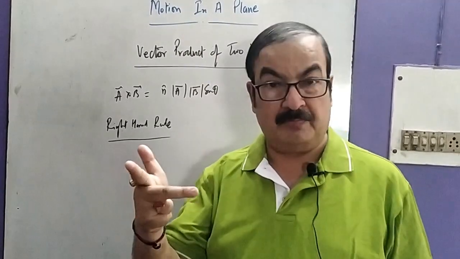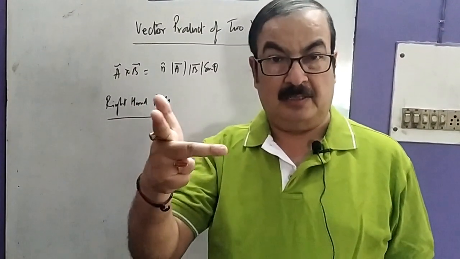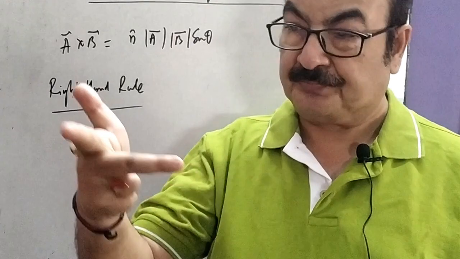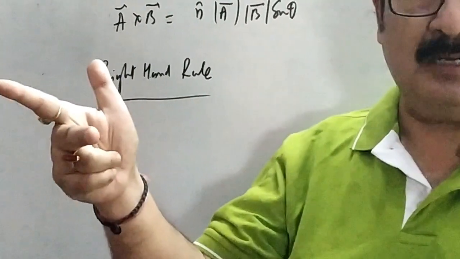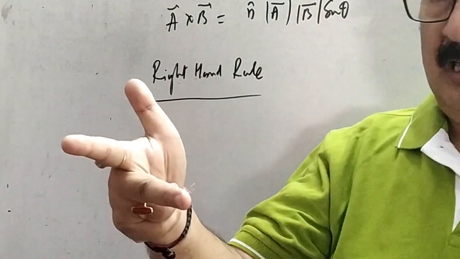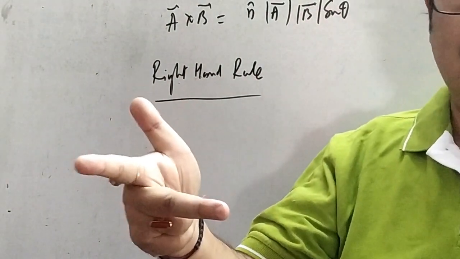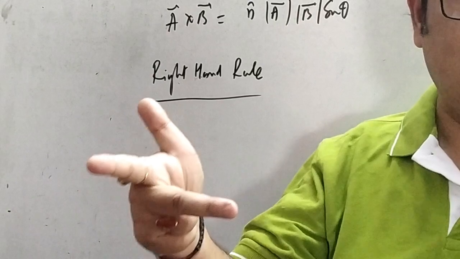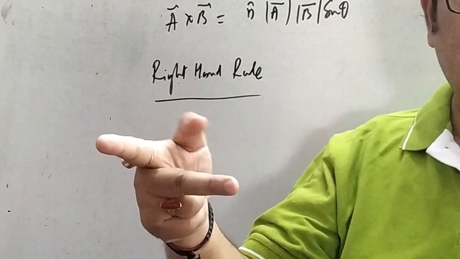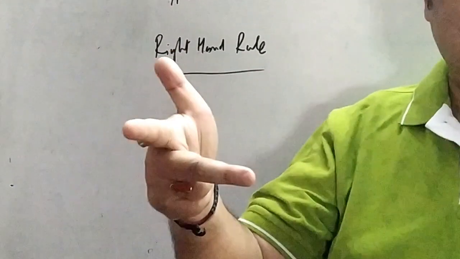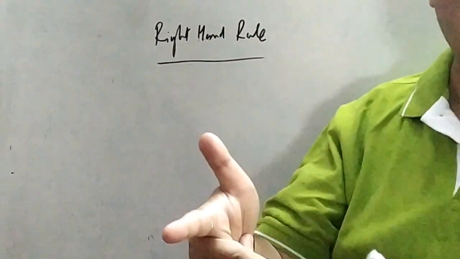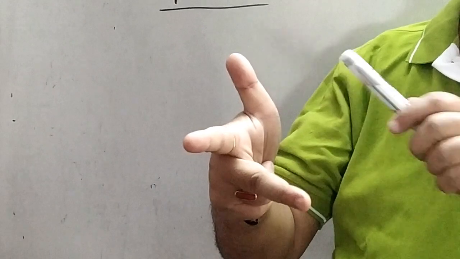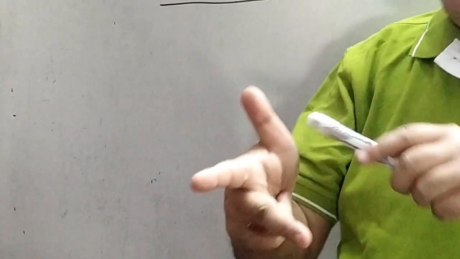Let us first discuss the right hand thumb rule. If we extend three fingers of the right hand like this, so that the index finger indicates one vector, vector A, and the middle finger indicates another vector B, then the thumb will indicate the direction of the product of these vectors. This is A cross B.